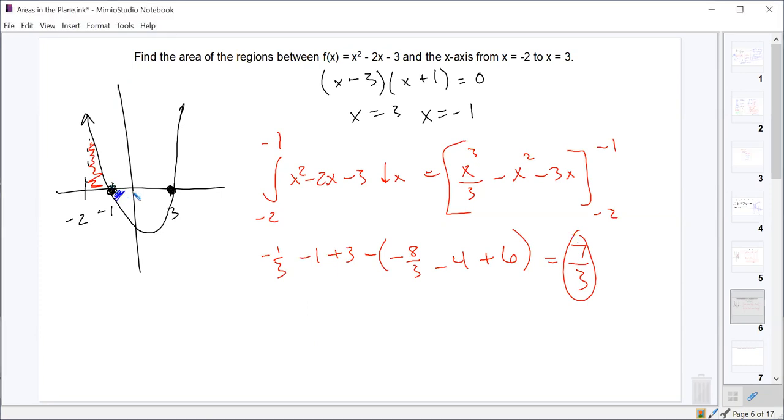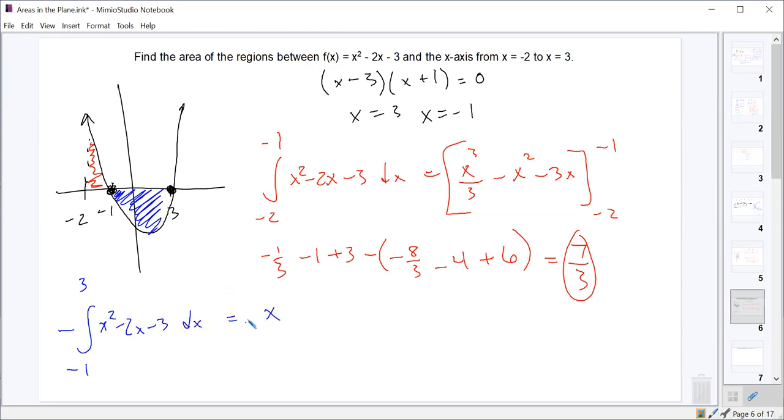Now, what about the section between -1 and 3? That is going to come out to be a negative value if I integrate it. So what we have to do is take the opposite of the integral from -1 to 3 of x squared minus 2x minus 3 dx. And conveniently, we've already done the integral.